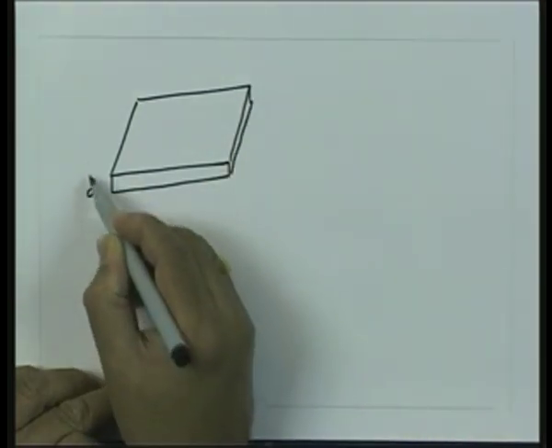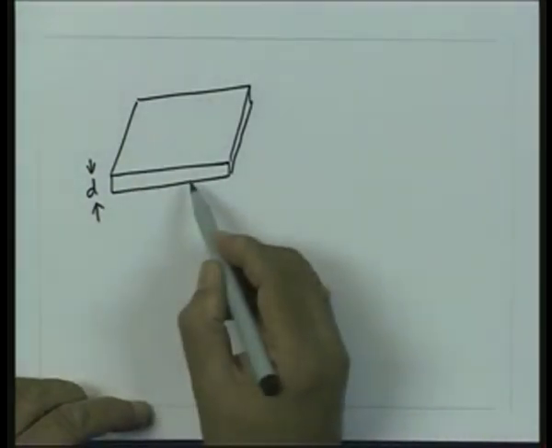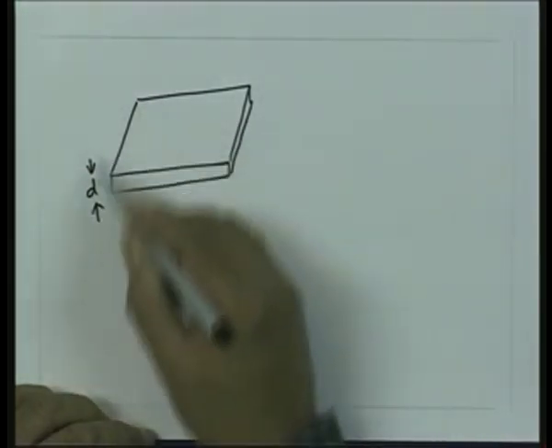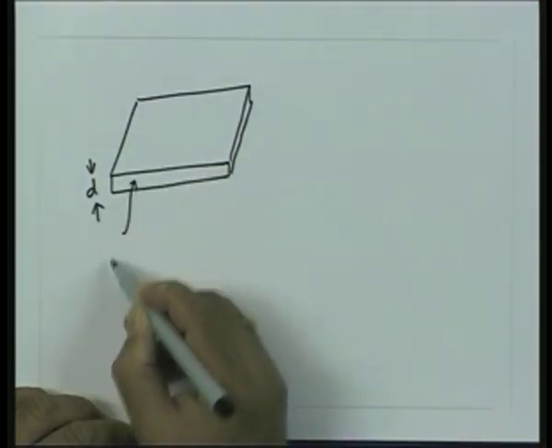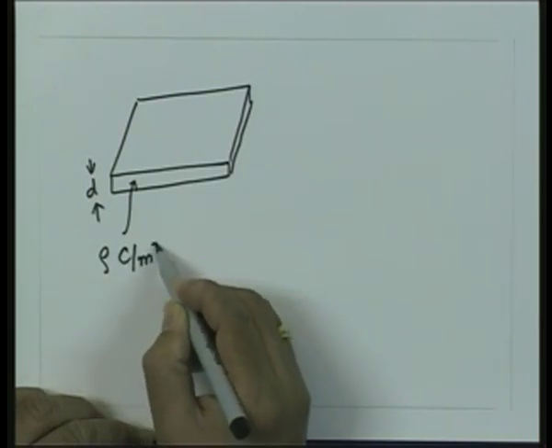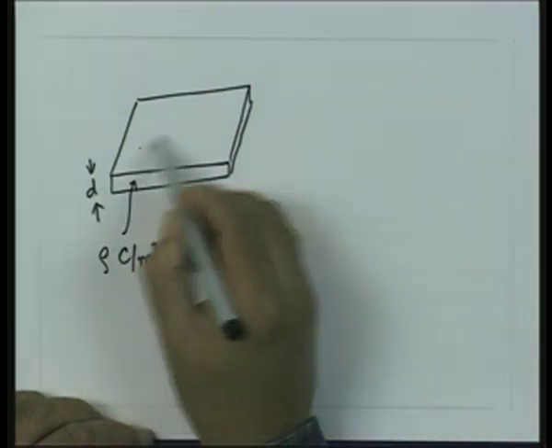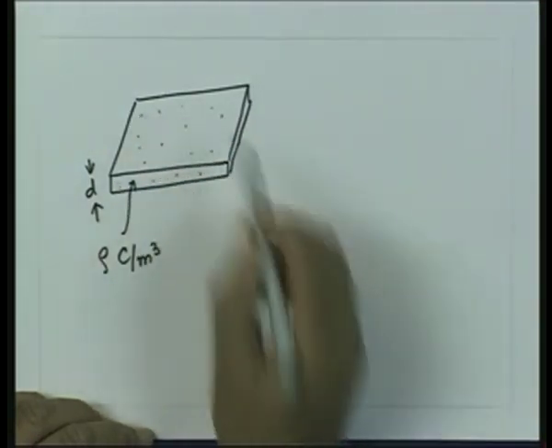So, this thickness is d, and let us say I have a charge density inside this slab which is given by rho. So, I have a charge density rho, which as we saw is coulomb per meter cube. So, all these charges inside are distributed with this density.